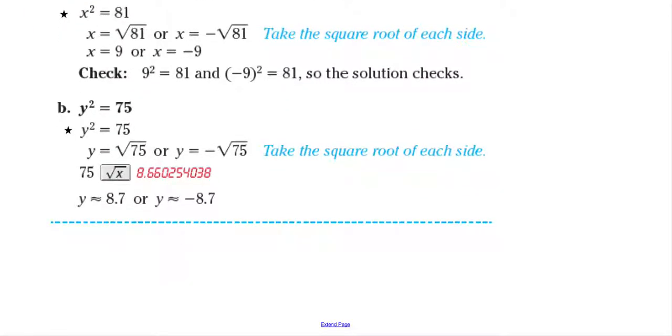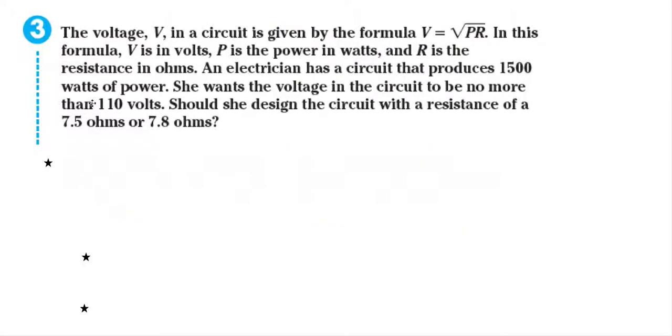Okay, let's move on to a real-life example of how radicals are used. The voltage V in a circuit is given by the formula V equals radical PR, where V is in volts, P is the power in watts, and R is the resistance in ohms. If you know an electrician, this is what they deal with on a daily basis.